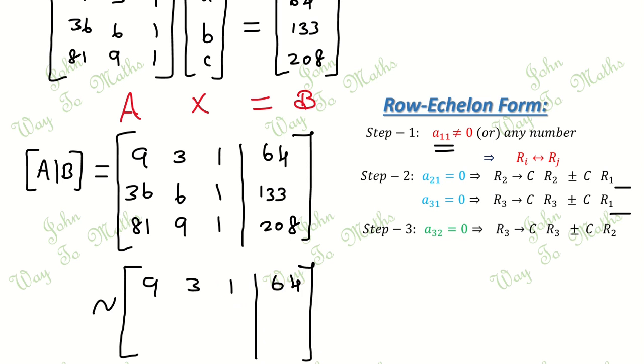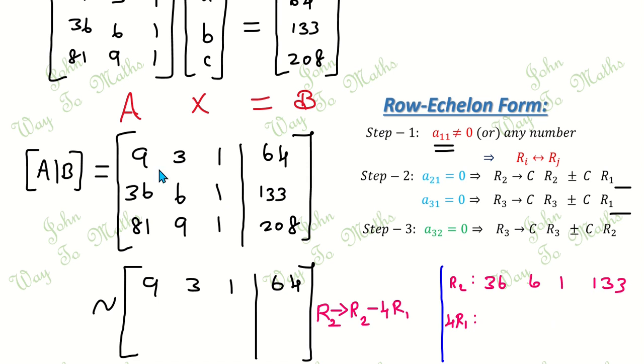So here row 2 can be written as, when we compare row 2 and row 1, 9 4s are 36. So we can easily multiply row 1 by 4. Here I'm going to write the condition R2 minus 4 times row 1. So row 2 becomes 36, 6, 1, 133. Row 1 multiplied by 4: 9 4s are 36, 3 4s are 12, 1 4s are 4, 64 into 4 becomes 256.